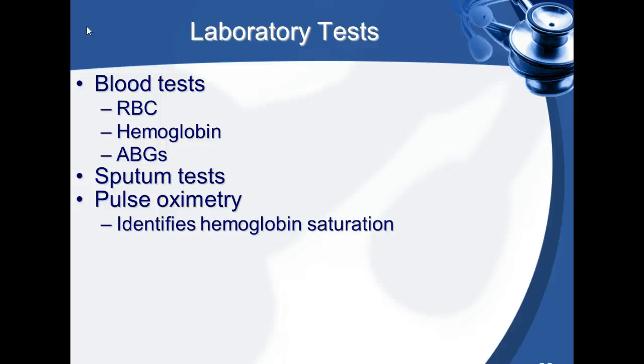Say to yourself what you think their status will be. Say to yourself what you think their oxygen level will be based on what their labs are. I want you guys to know what the normal ranges of the RBCs, hemoglobin, and ABGs are.